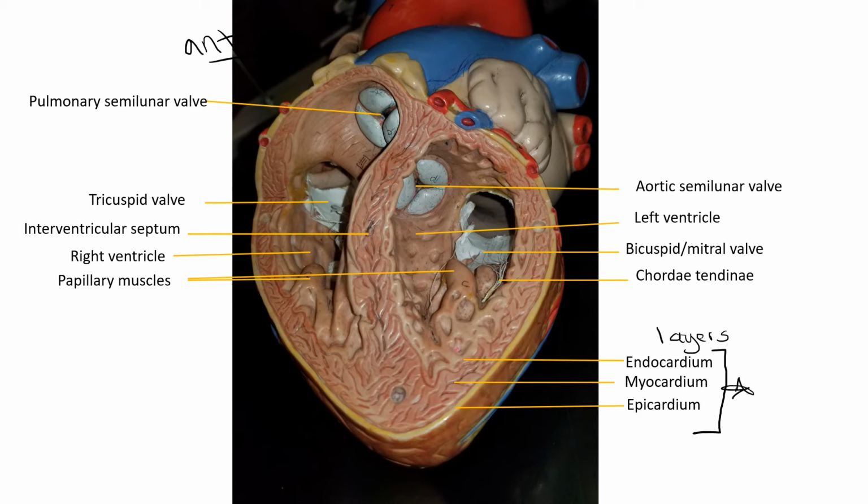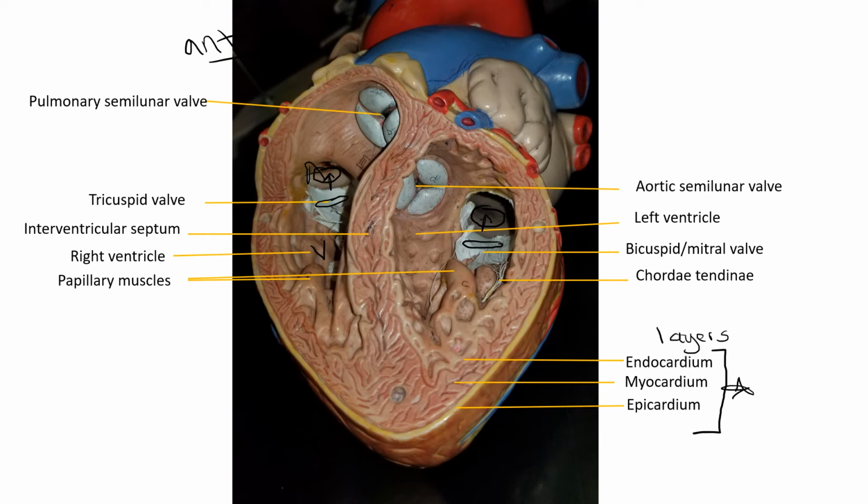So back to the inside of our heart, we're looking at the valves and the various chambers. What's nice about this model is that you can pretty easily see the various chambers here aside from the atria. The atria are up in this area and up in this area. I know it's hard to visualize, but there is this little chamber up here kind of hidden in this model. But just keep in mind that these chambers are up in there, and we are seeing the valves between the atria and the ventricle.